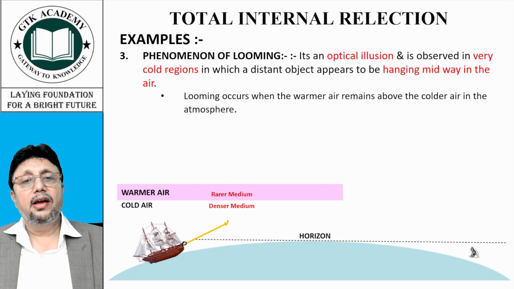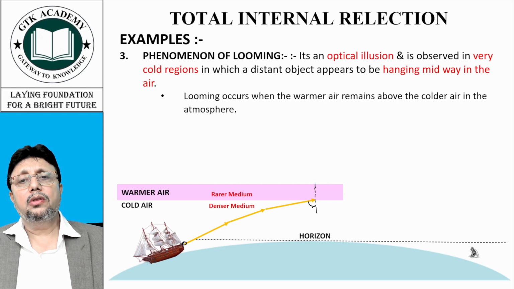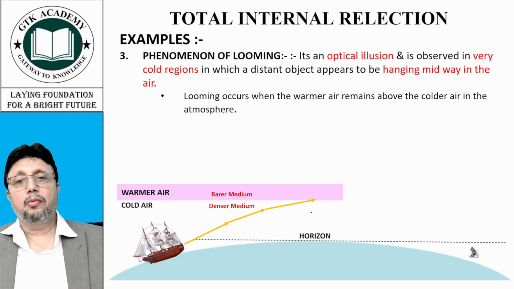And this light ray is going from denser to rarer, so it will bend away from the normal, again away from the normal. And in some layer, the angle will be more than the critical angle. So here it will be reflected. Total internal reflection will take place.